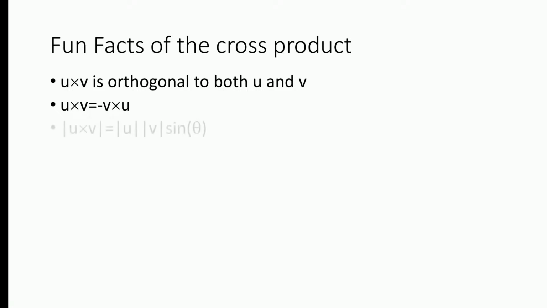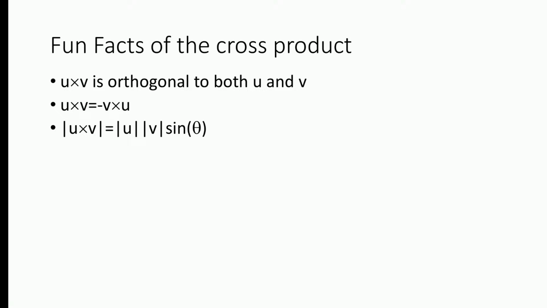Let's get some exciting things. Well, this is exciting. If you take the magnitude of the cross product, you actually get the magnitude of u times the magnitude of v times the sine of the angle between the vectors. Now, I just want to point out that this is similar in some regards to the dot product.